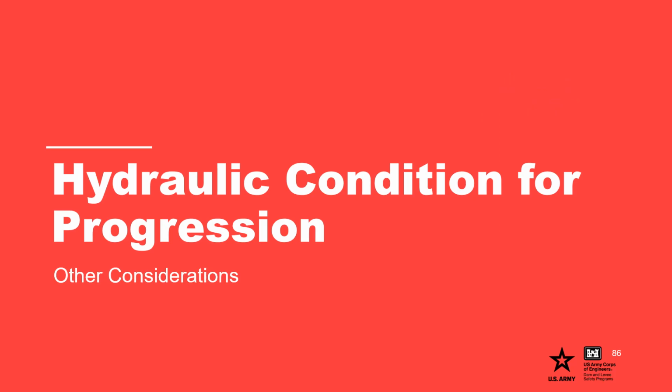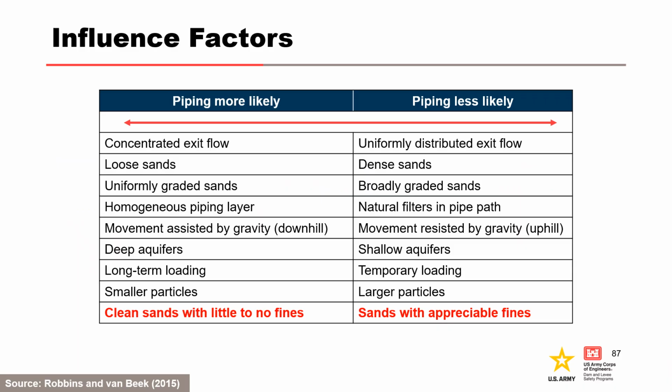Hydraulic condition for progression: other considerations. This table summarizes influence factors related to initiation of backward erosion piping, with one significant addition at the end.